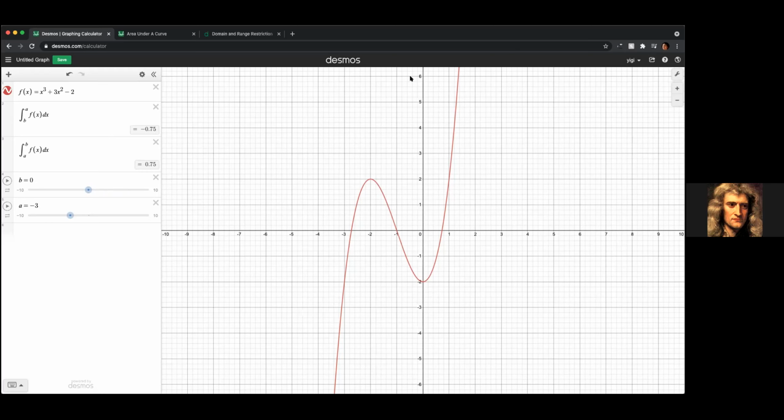If I were to annotate on my screen that area under the curve, A is right here and B is right here, and the area I'm looking at is all of this.